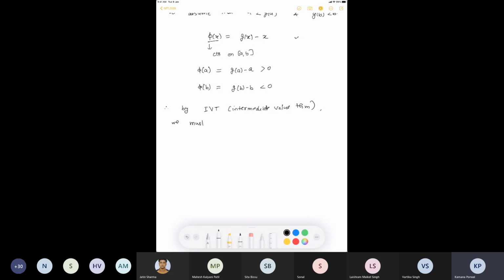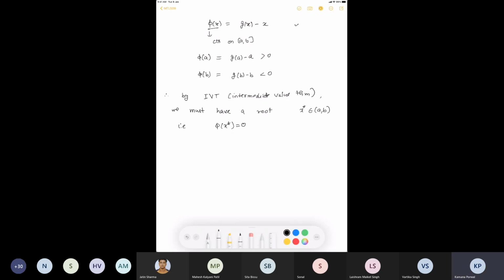You must have a root, let's call it x star, in [a, b]. That is, phi of x star is equal to 0, which basically says that x star is equal to g of x star.